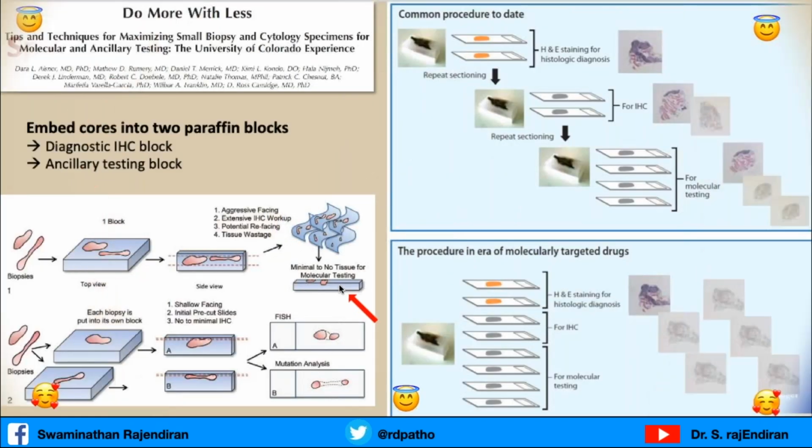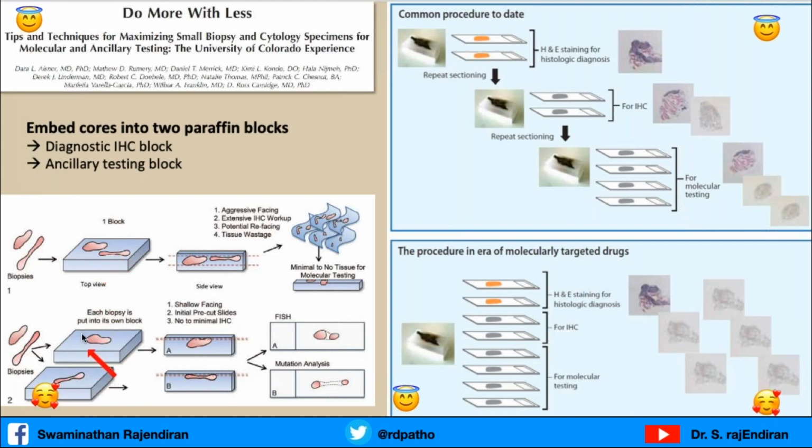When it is a biopsy, we have to handle it very carefully. There is a beautiful article in Archives of Pathology and Laboratory Medicine: Do more with less. Number 1, this you have to practice from tomorrow in your lab, or from next week when you go to your hospital. When there are 2 biopsies, don't embed them in the same block.